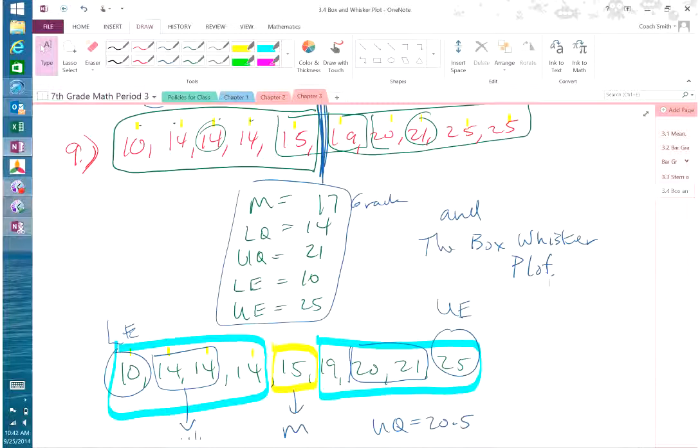List out the median, lower quartile, upper quartile, lower extreme, upper extreme, and then come over here and do your box and whisker. It's not on the number line, it's above the number line. Some people put it below, but for the majority, the right thing to do is put it above the number line. Any questions?